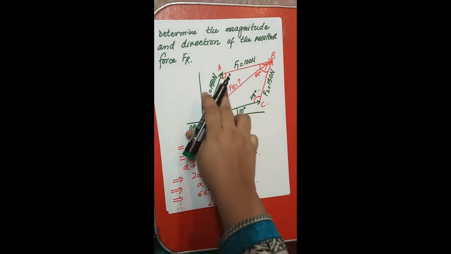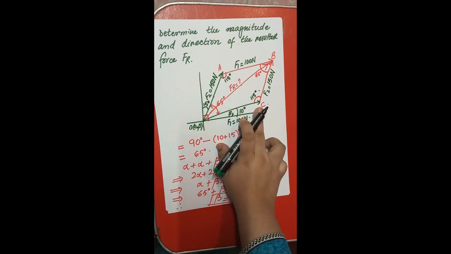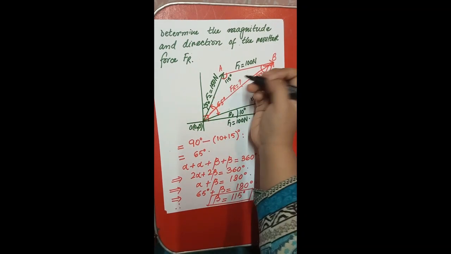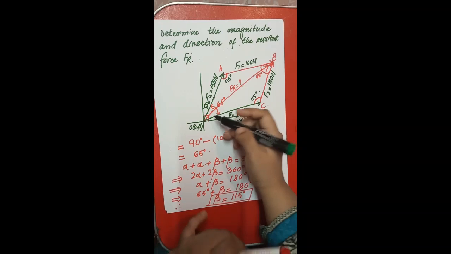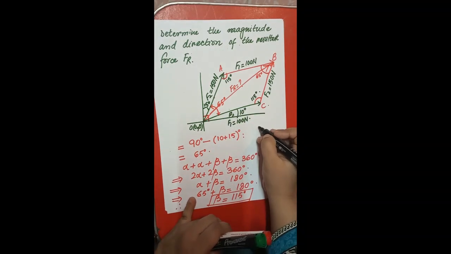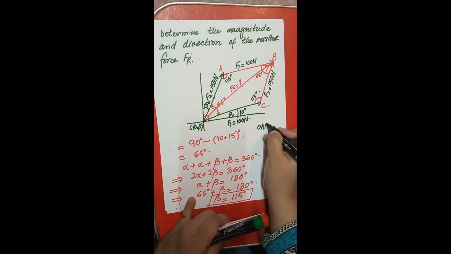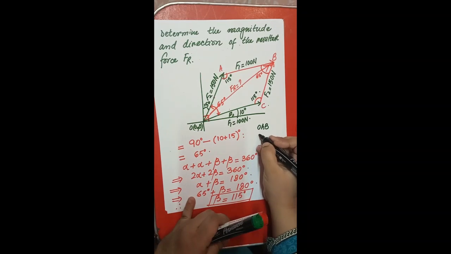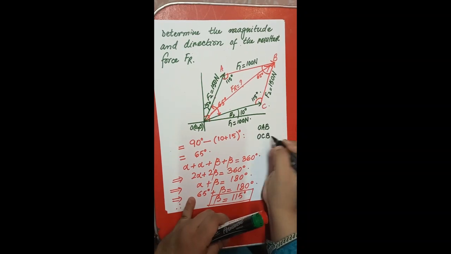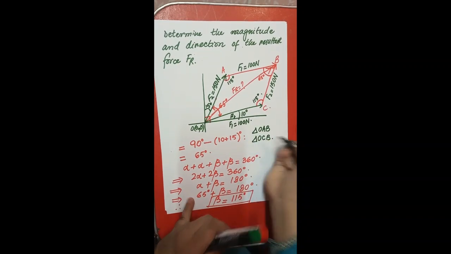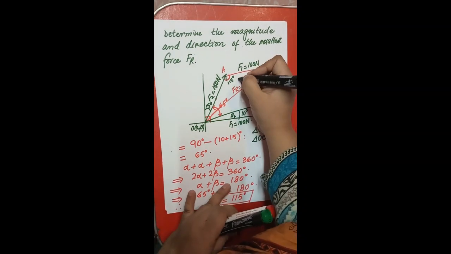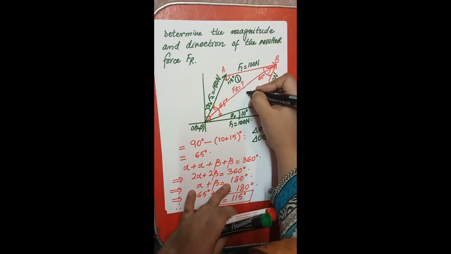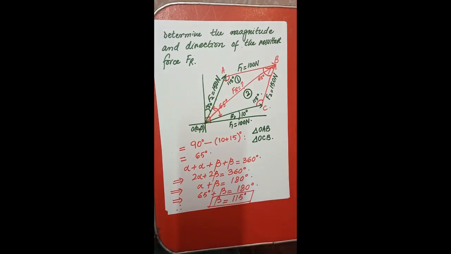Meaning angle A is equal to angle C. So we should take two triangles. The first triangle is OAB and the second triangle is OCB. These are the two triangles, so we should name them: triangle number 1 and triangle number 2.